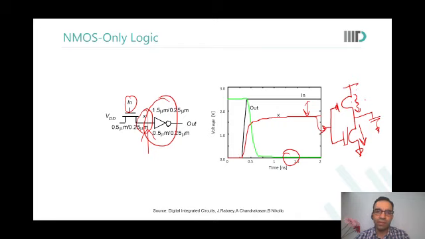On that slide, we had written no static current. But what did we just see? There is all of a sudden all the static current that is happening there. Are you able to see this? So we started PTL with no static current hypothesis, but we just realized there is going to be static current in PTL also.